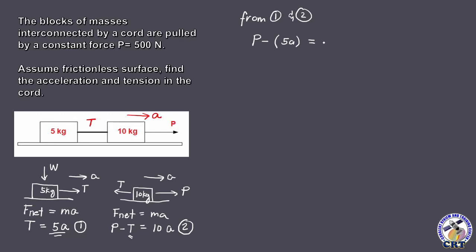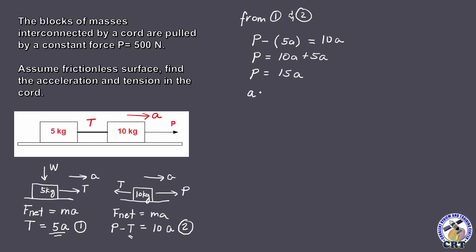This is equivalent still to 10A. So negative 5A, transpose that to the right side. We will leave P alone on the left side. Therefore, we have 10A plus 5A. Further simplification, P equals 15A.